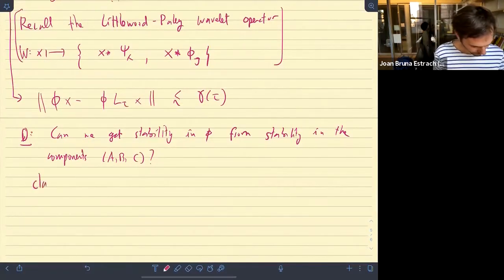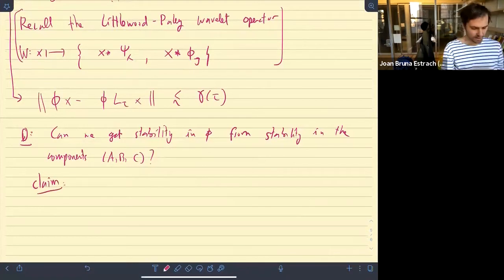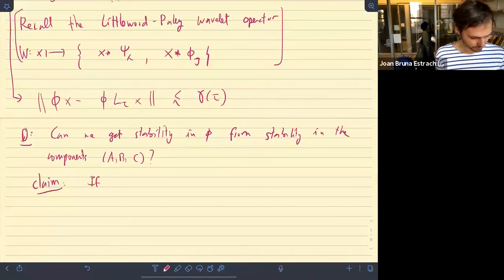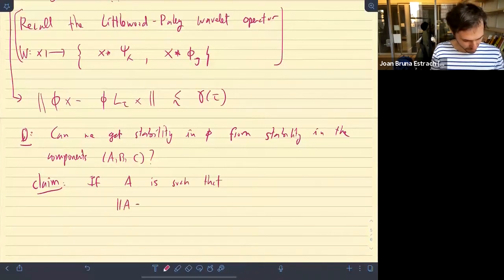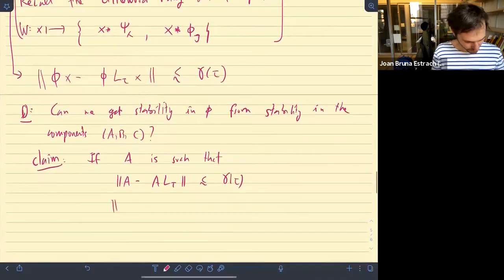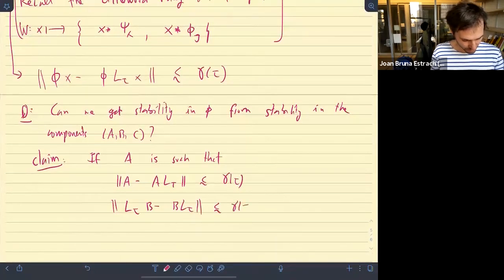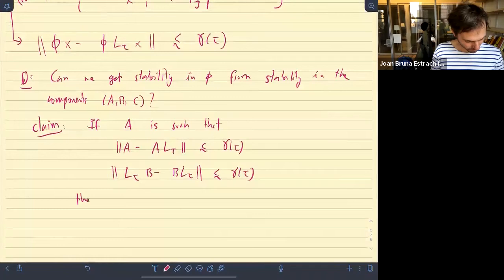So the claim is that if A is such that the commutator of A with L tau is smaller than the deformation, and L tau B minus B L tau is smaller than the deformation, then phi, that is A C B, is stable.